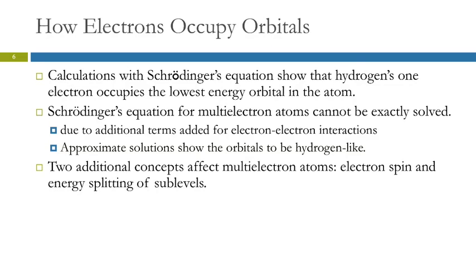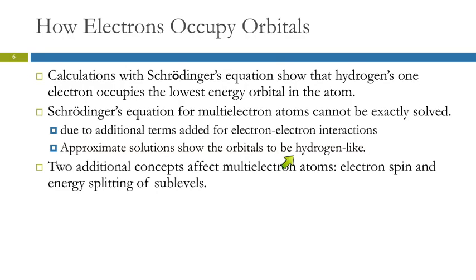Schrodinger's equation, which we just looked at a very simplified version of, you can do calculations and show that hydrogen's 1 electron occupies the lowest energy orbital in the atom. For multi-electron atoms, everything but hydrogen, the equation can't actually be solved. It can be approximated, and the approximate solutions show that the orbitals are like those in hydrogen.